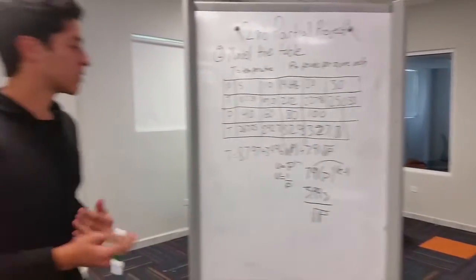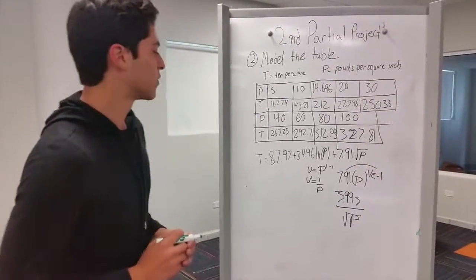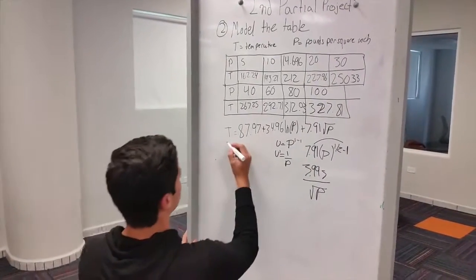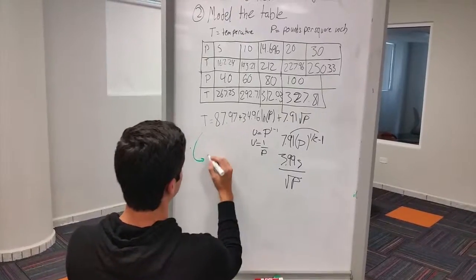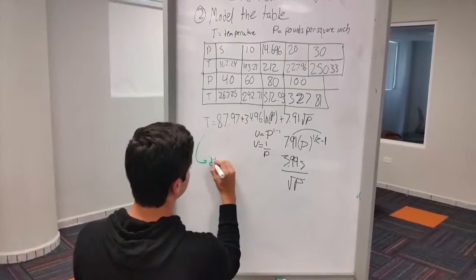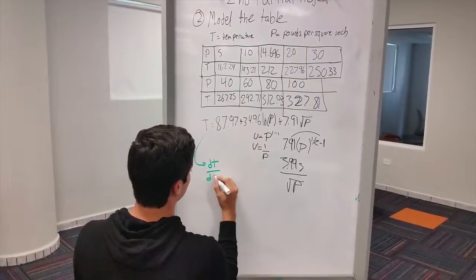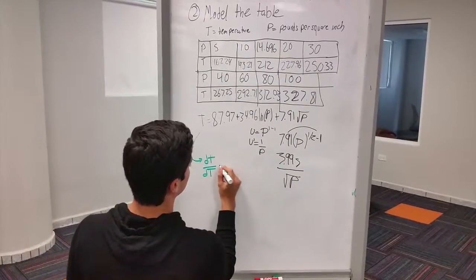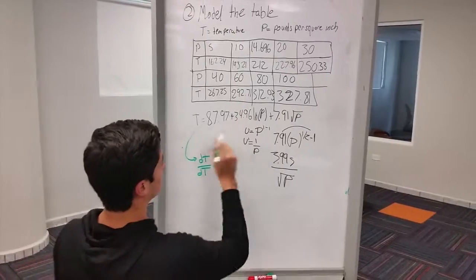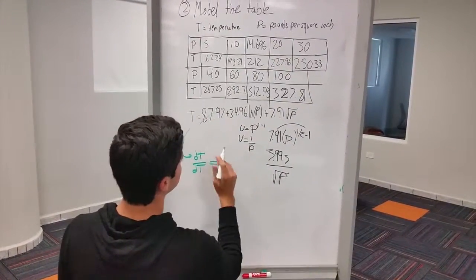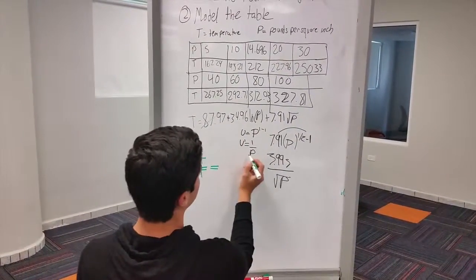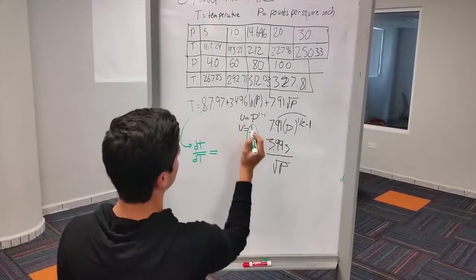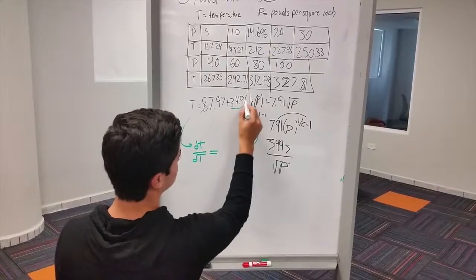Now, going on with what Enrique said, we'll continue making this rate of change. We're going to turn this temperature into the rate of change of temperature over time, so we need to take a derivative. This will be cancelled. We already know that this is 1 over P, and we have to multiply it by this number.